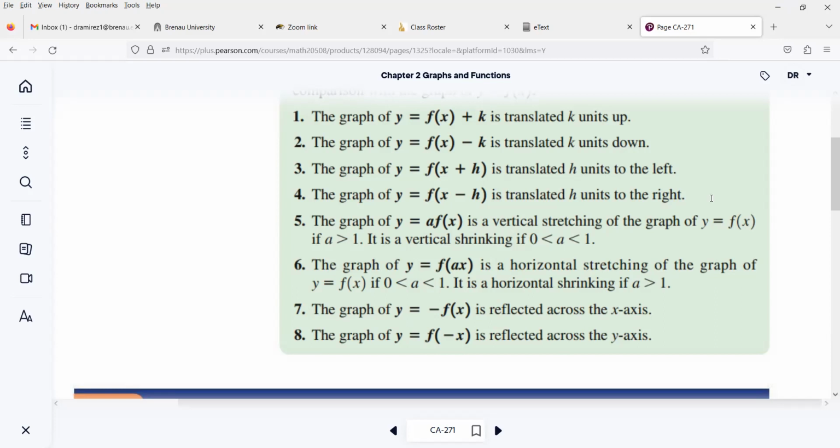So I will finish with some examples of using more than one transformation.